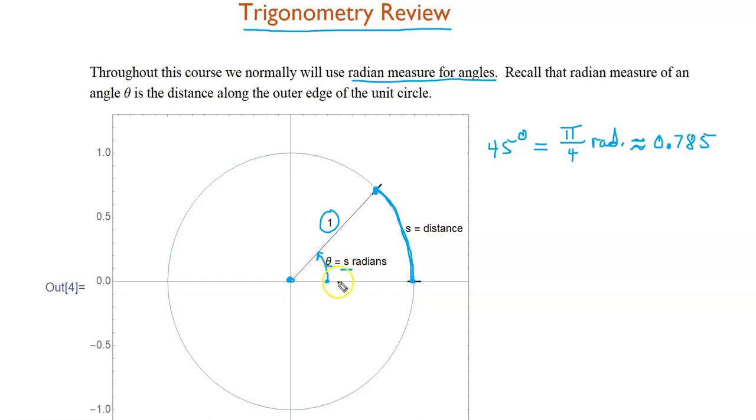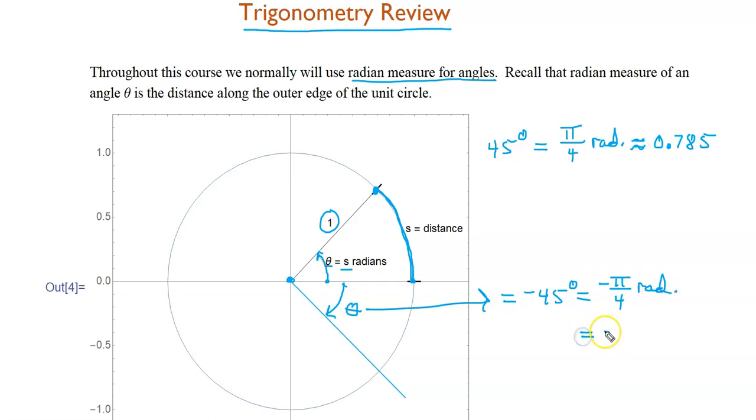Now if your angle is measured in a clockwise manner like this, so if our angle theta were measured like that, then theta would be a negative number, but the absolute value of that negative number would still represent the distance along the outer edge of the unit circle. For example, in this picture, it looks like theta would equal negative 45 degrees, which is negative pi over 4 radians.